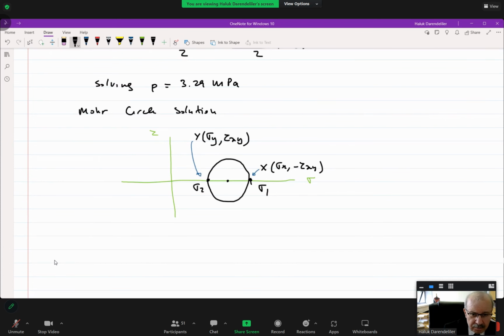Okay, this is the center. Now look. When I rotate this element as much as 60 degrees, 2 times 30 here, now my Y, which was here, is now at this point.